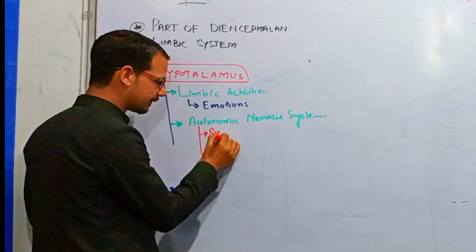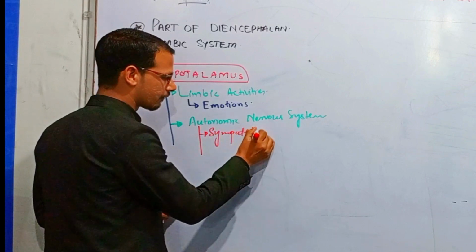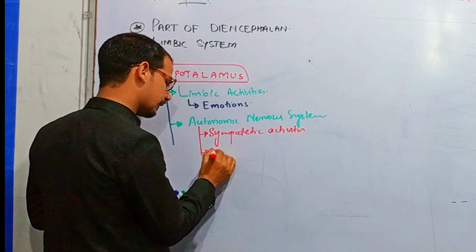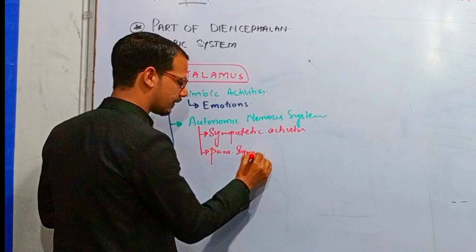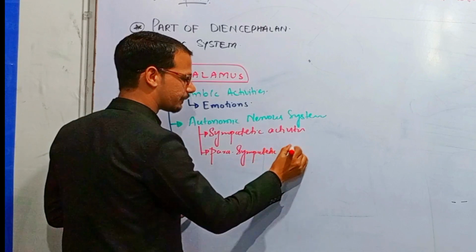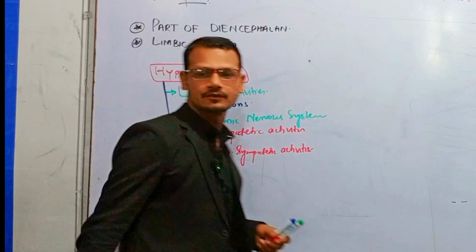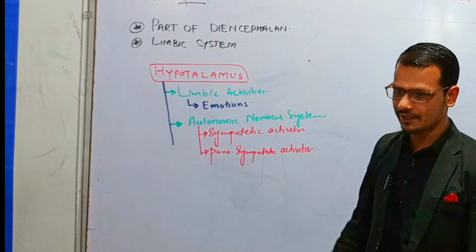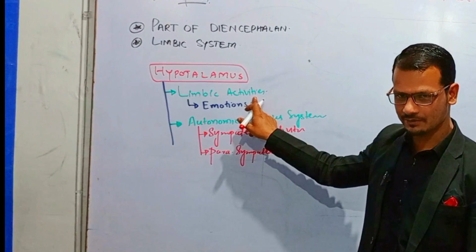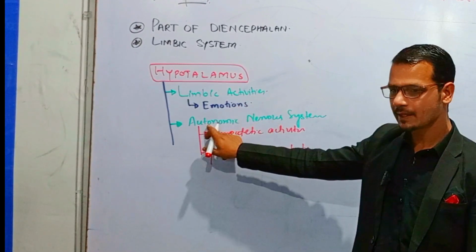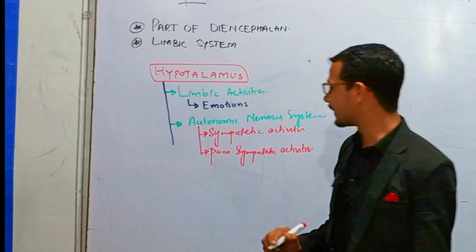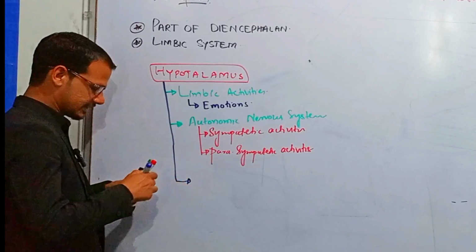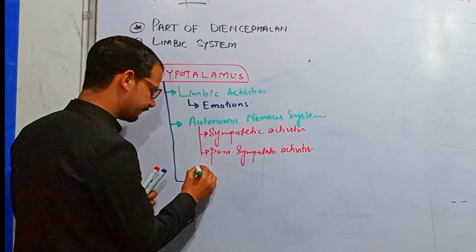So sympathetic activities, also parasympathetic activities are controlled from hypothalamus. So this is the autonomic function of hypothalamus. One is limbic system or limbic activities. The second is autonomic nervous system. The third is endocrine functions. Third point is endocrine functions.